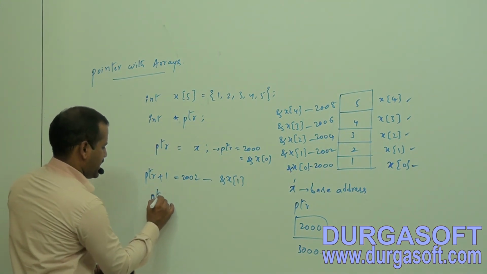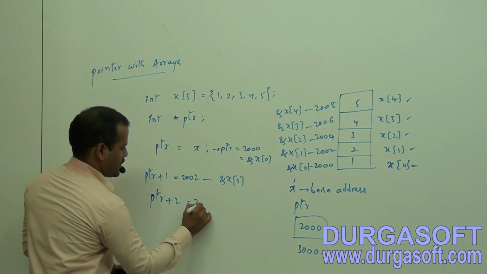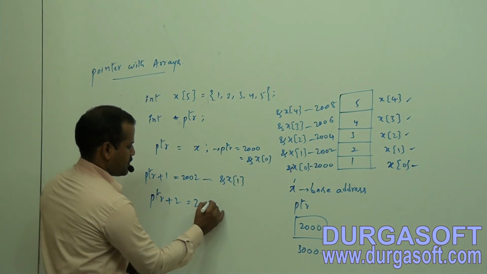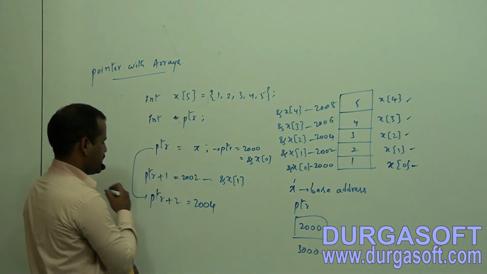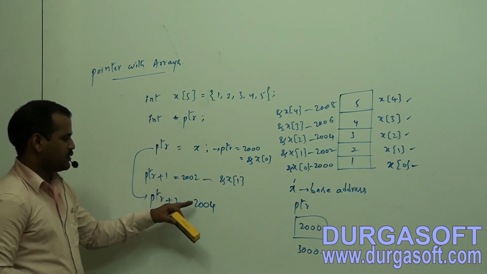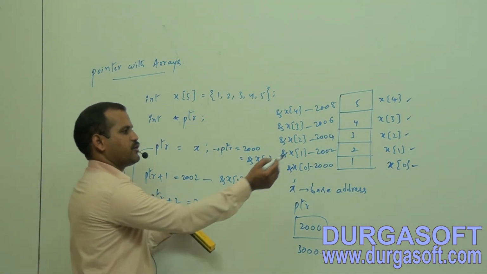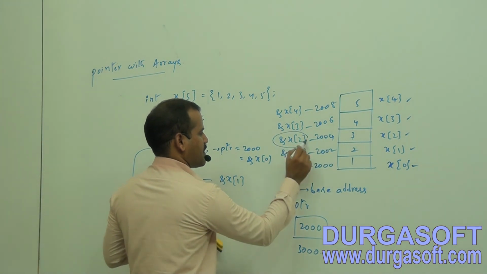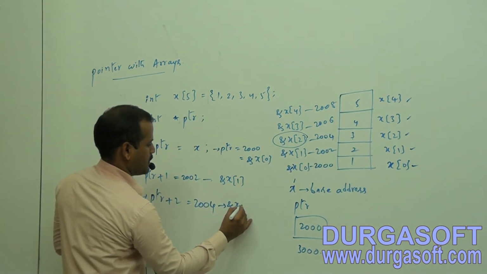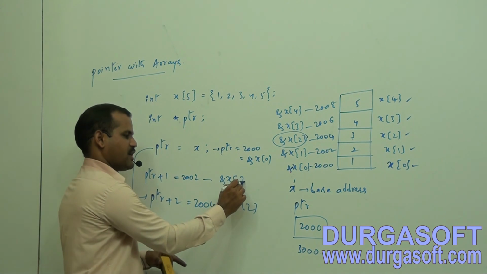Otherwise, if we take PTR plus 2, that is 2004. Here 2004 is nothing but the address of X of 2, the element after X of 1.